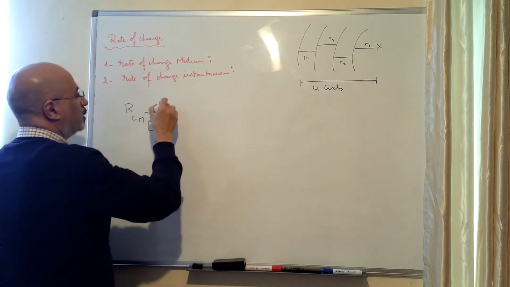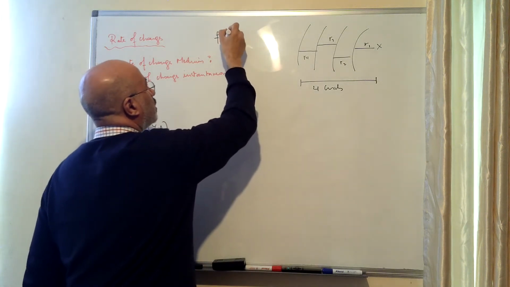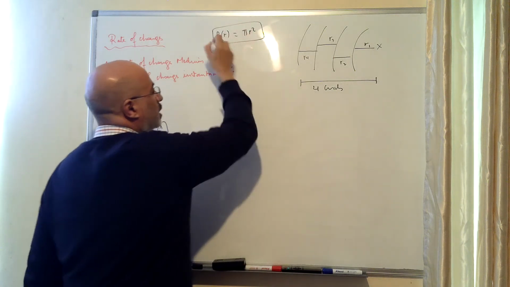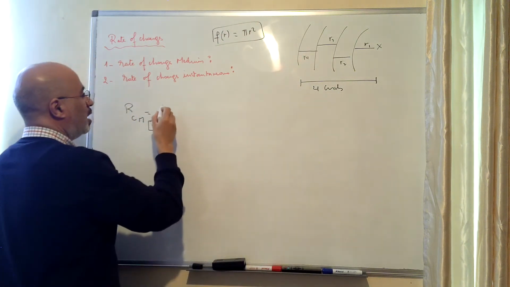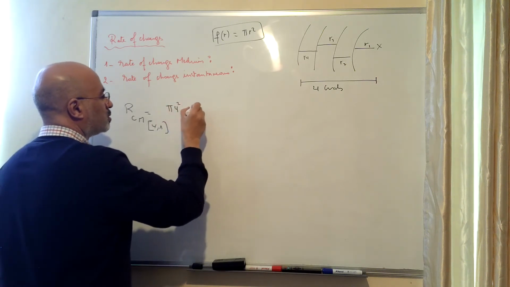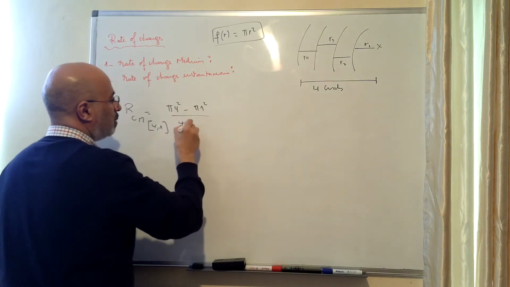We have our function. This is the circle function f(r), which is pi r squared, because we have a circle. Okay, we have (pi 4 squared minus pi 1 squared) over (4 minus 1).